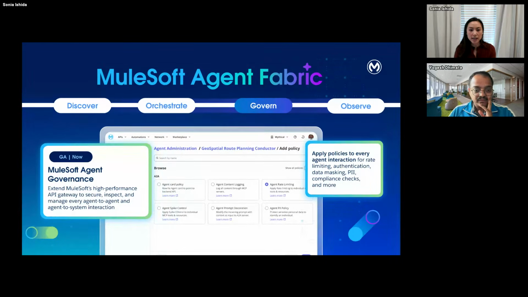You can think of this as an enterprise policy framework for your entire agent network and ensure that your agents act responsibly, securely, and in alignment with your business objectives. Governance here is really what ensures that our enterprises can scale with confidence instead of risk.